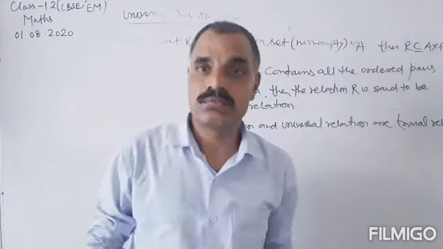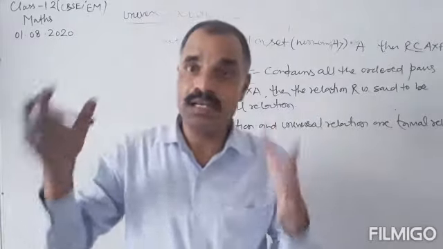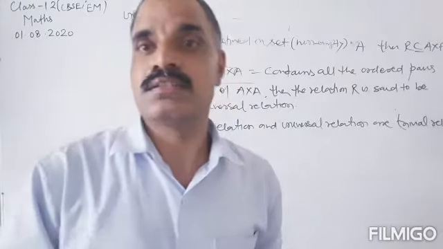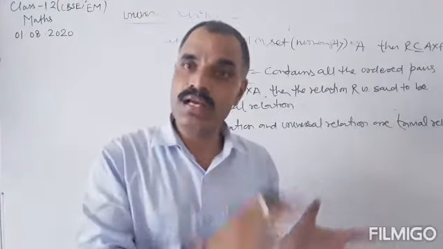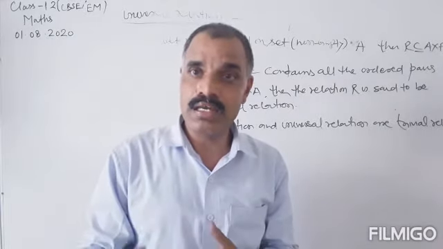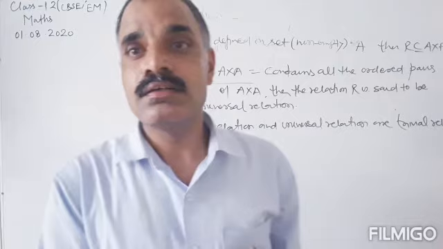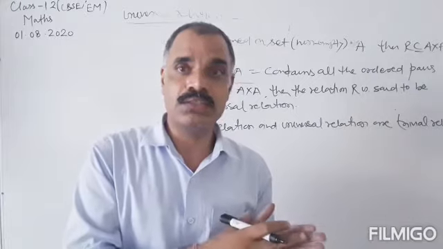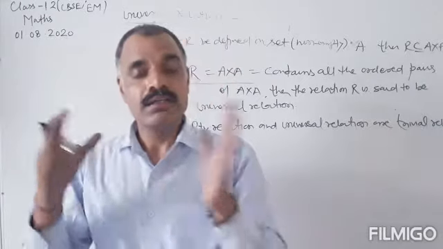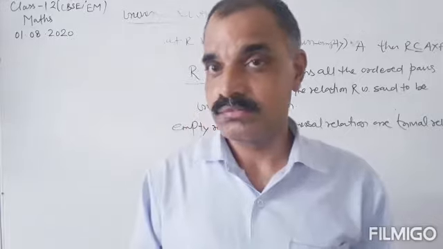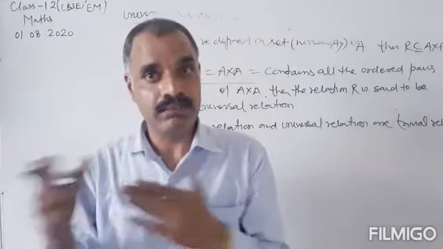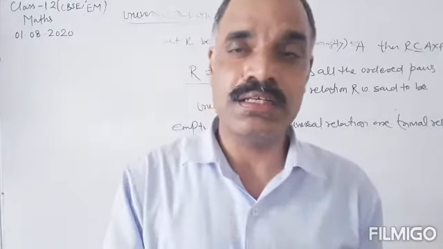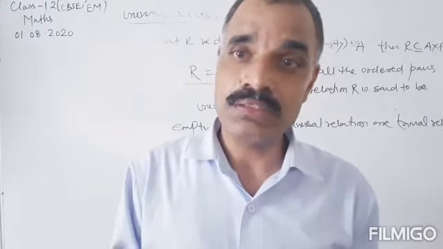Now, what about the equivalence of universal relation? Is the universal relation an equivalence relation? Since it contains all the elements, all elements are related to each other. That is why it is reflexive, symmetric and transitive, having all the properties of reflexivity, symmetricity and transitivity. Which one? Universal relation.